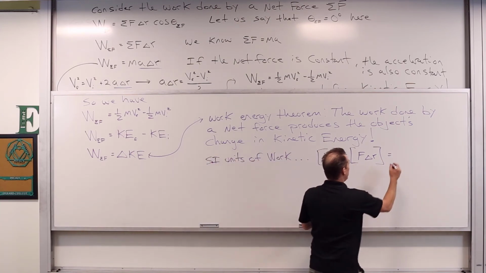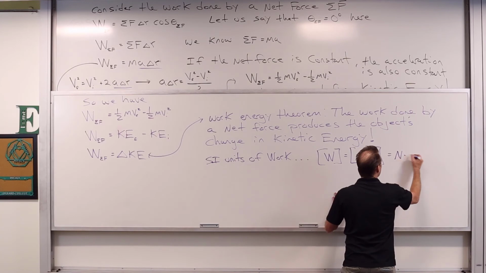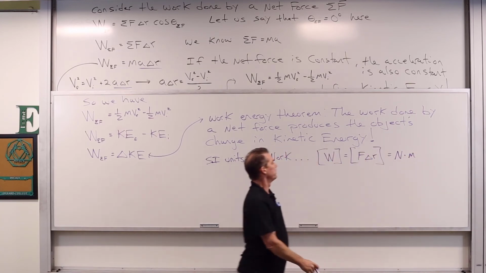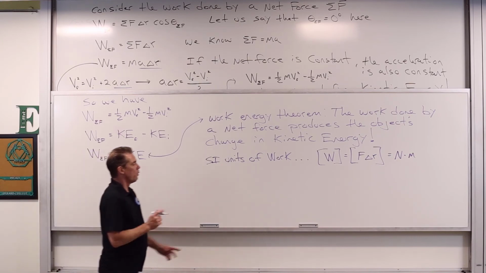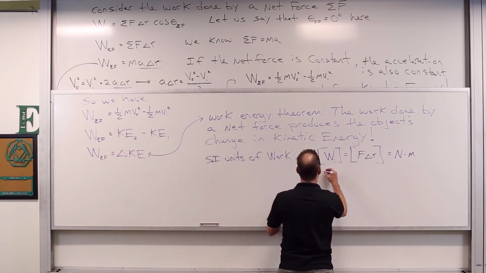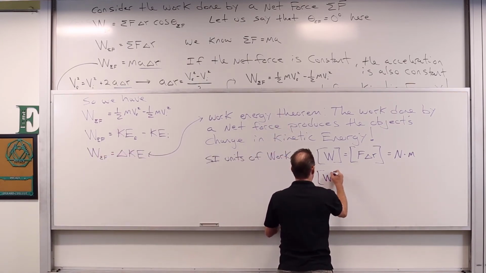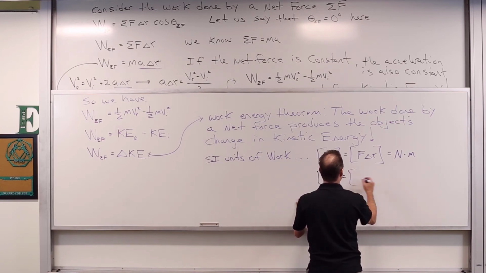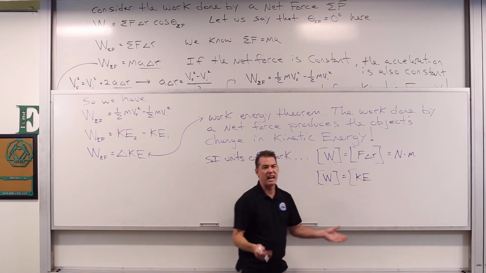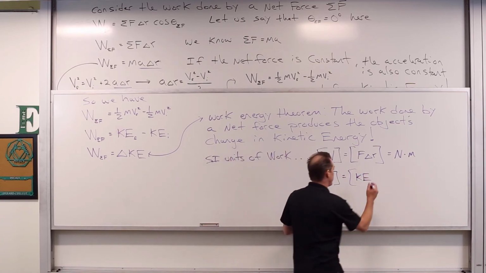So this is going to be newtons times meters. Newton meters. Well, we also have, from what we have up here, that work done has to have the same units as kinetic energy. Change in kinetic energy and kinetic energy have the same units, right?